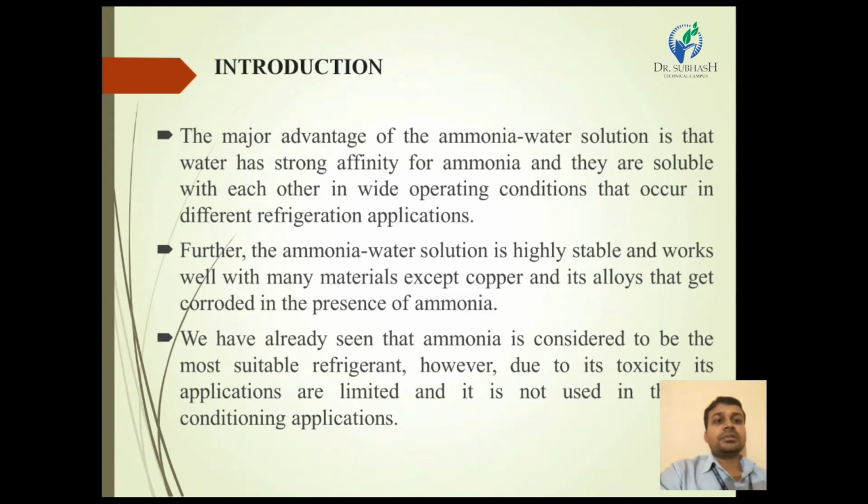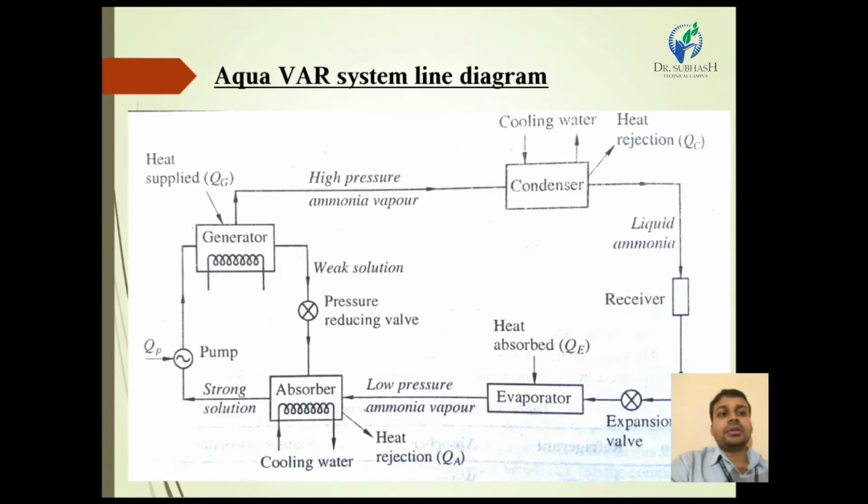However, due to its toxicity its applications are limited, and it is not used in air conditioning applications. These systems are used only for refrigeration. What is the difference between a refrigeration and an air conditioning system? We have put a video on the meaning of refrigeration and air conditioning; you can watch it on the YouTube channel.